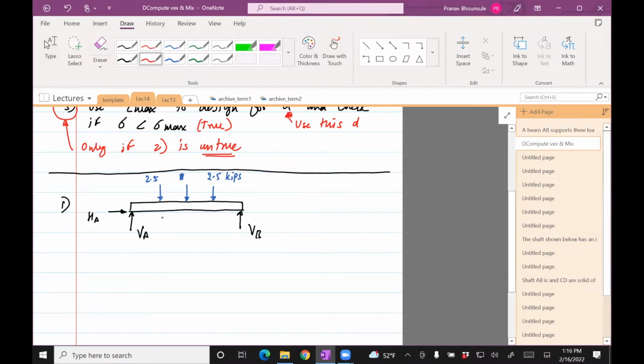Okay, so the lengths are 2, 3, 3, 2. It looks like it will come out to be something symmetric.